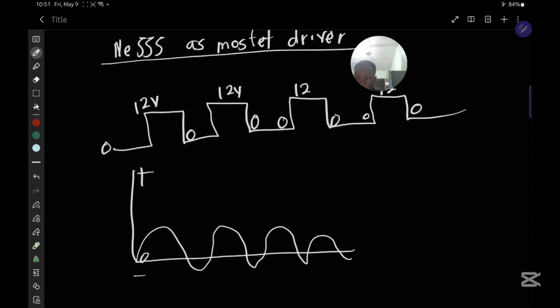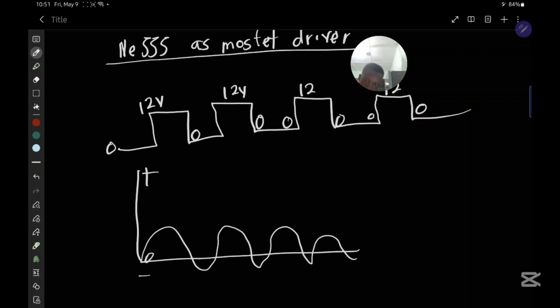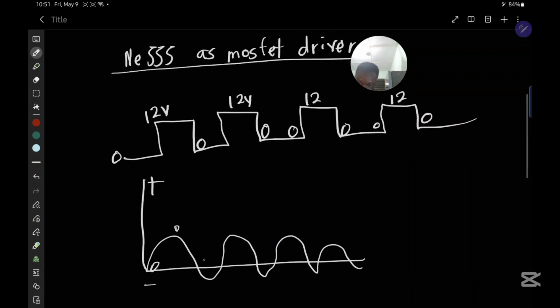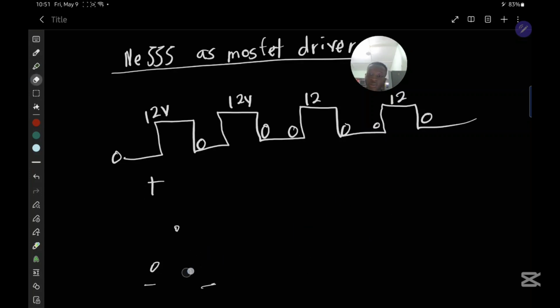So 0 here, and then it crosses the 0 mark to the positive side, comes down, passes 0, and goes back to negative. It's alternating between positive and negative. That's how we get the name alternating current, also known as AC. So that's the bonus tip for you guys today. For AC, we can't have a PWM signal.